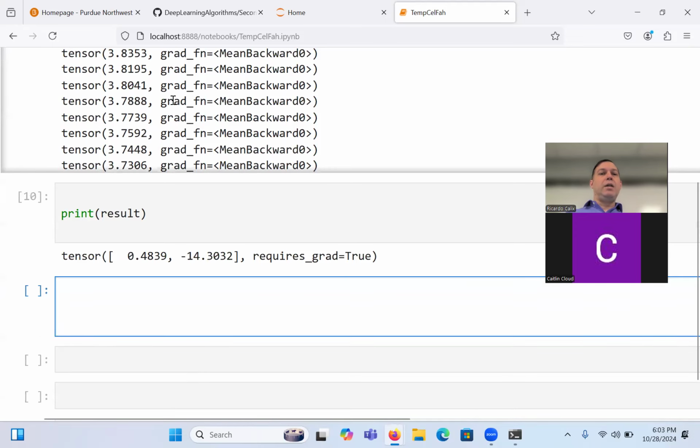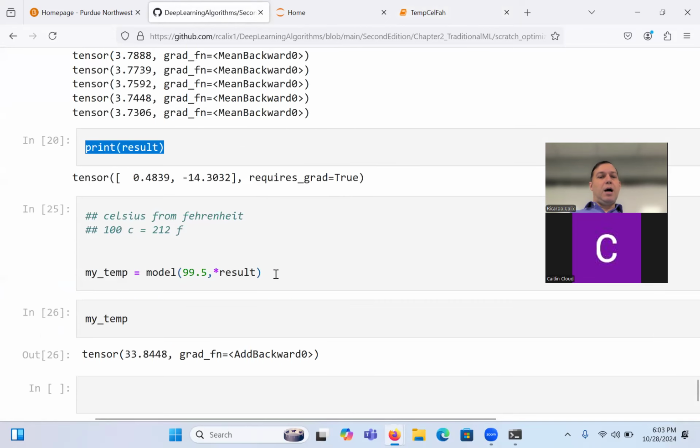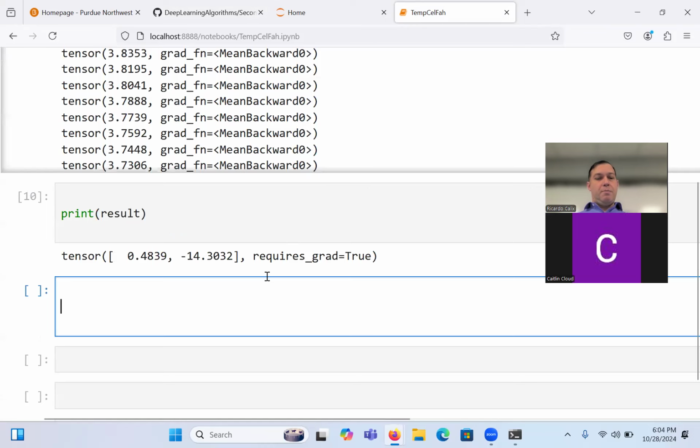Okay, so now let's go ahead and think about it. I'm going to grab my model. So I have a reference thing here. I'm going to do a prediction, right? So why can I do that? Because my model works this way. The architecture of my model takes in 3 parameters.